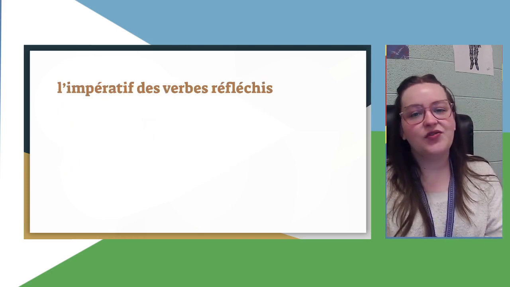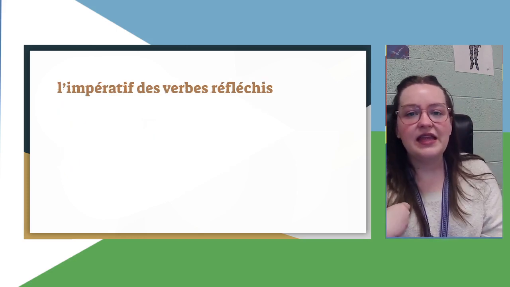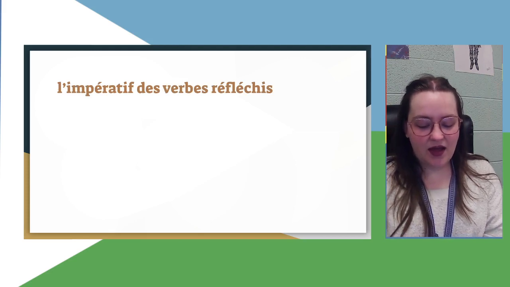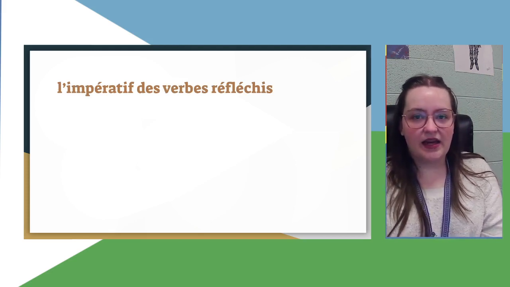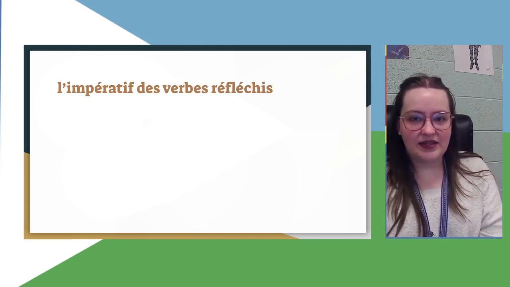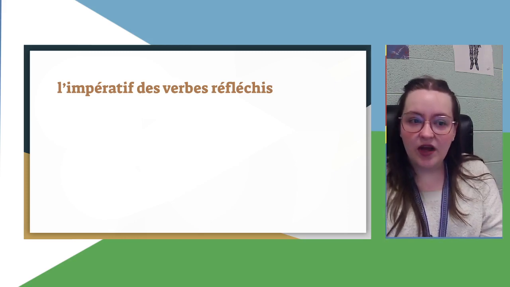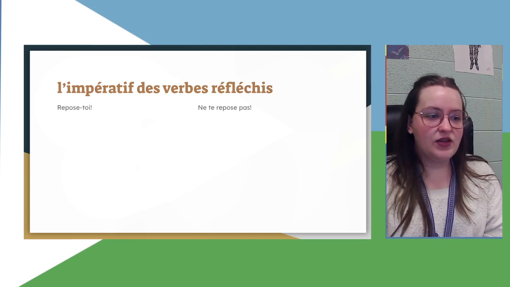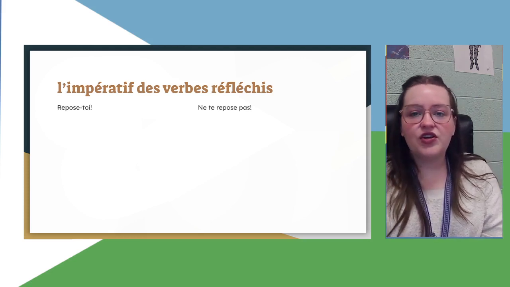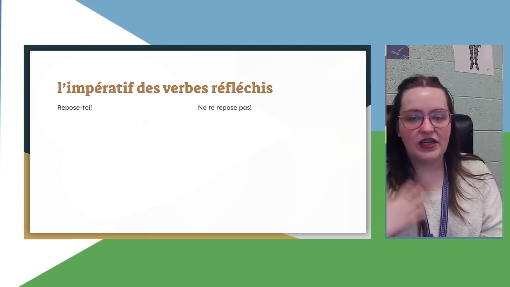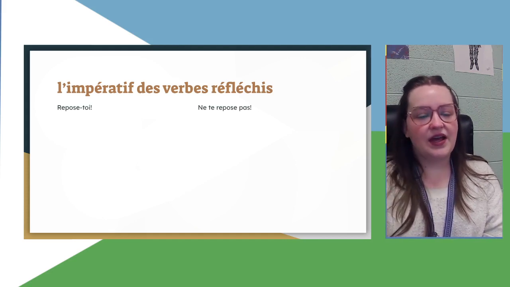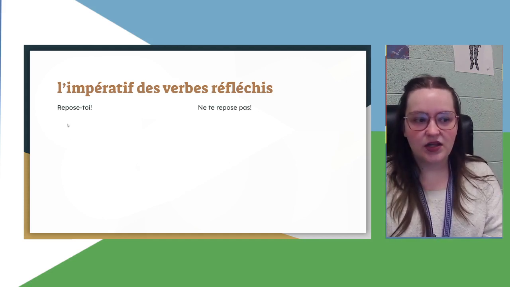Now, how do I use reflexive verbs in the imperative? It looks basically like every other time we've talked about this, especially when we've talked about how to use verbs that take preceding direct objects in the imperative. So, let's look at the verb se reposer, to rest. If I am telling you to rest, repose-toi.